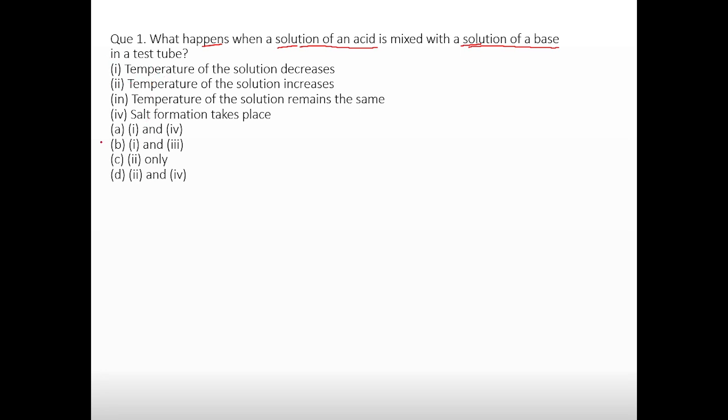You have to choose the correct one out of these. First statement is temperature of the solution decreases. Second statement is temperature of the solution is increasing. Third statement is temperature of the solution remains the same. And fourth statement is salt formation takes place.